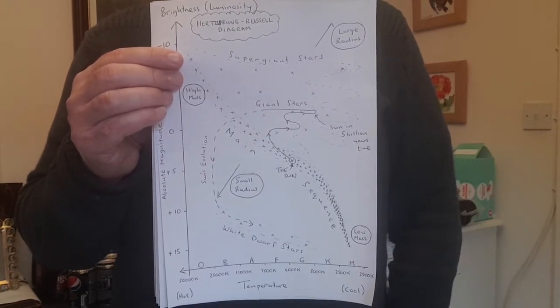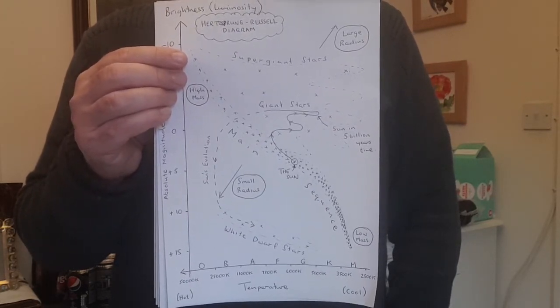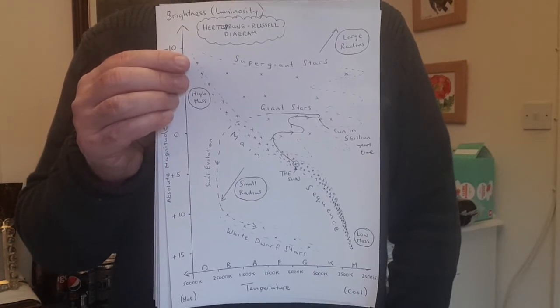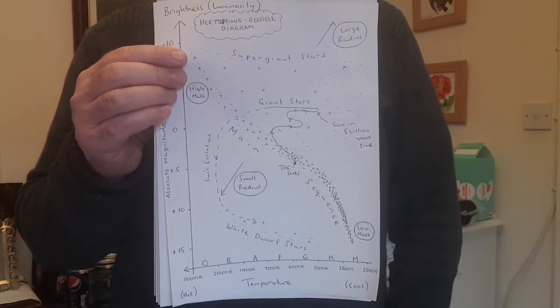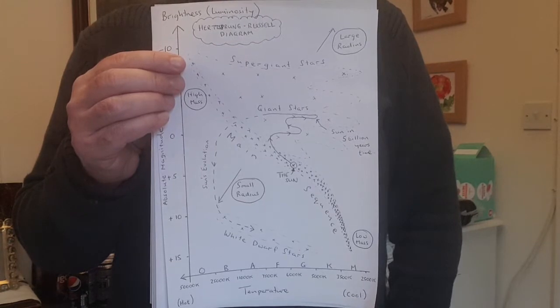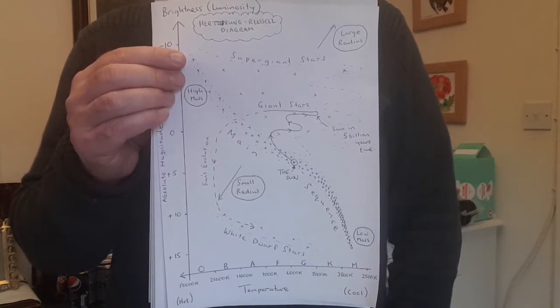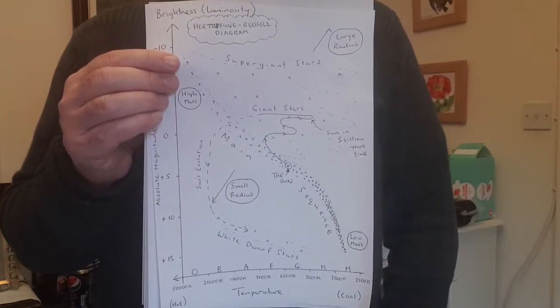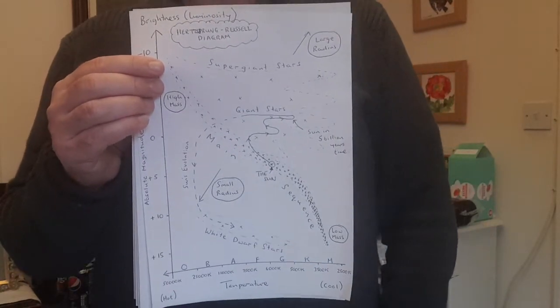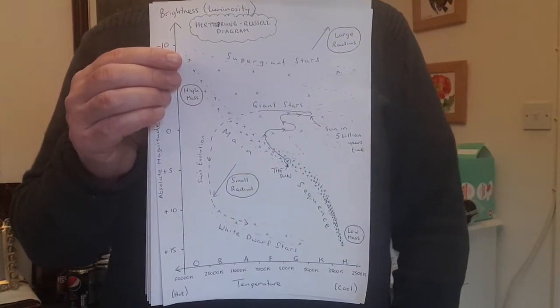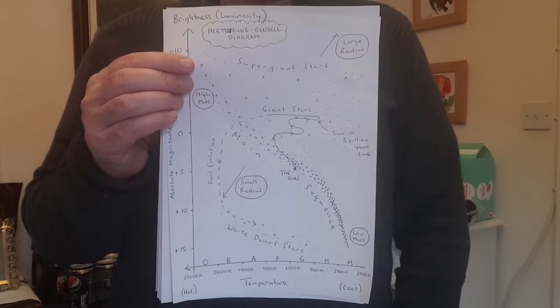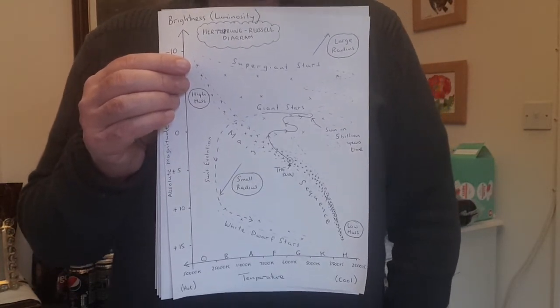And at this point, the star moves off the main sequence. It becomes a red giant, and it produces a huge amount of energy, which pushes the outer envelope of the star outwards because you're out of balance now. The radiation pressure wins over gravity, so the outer envelope of the star expands.